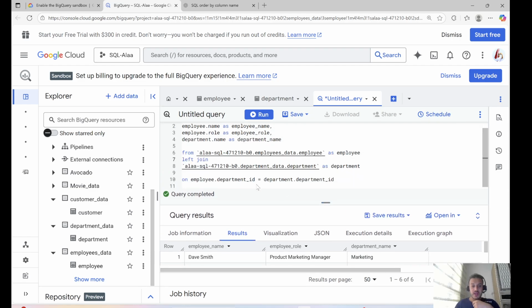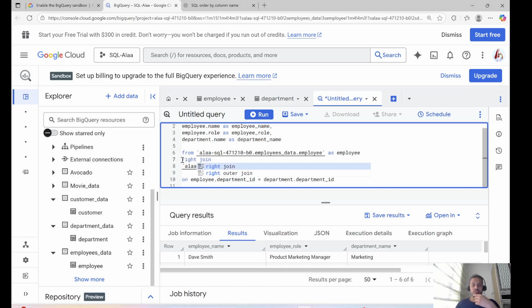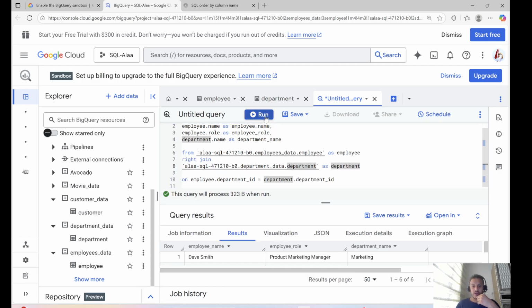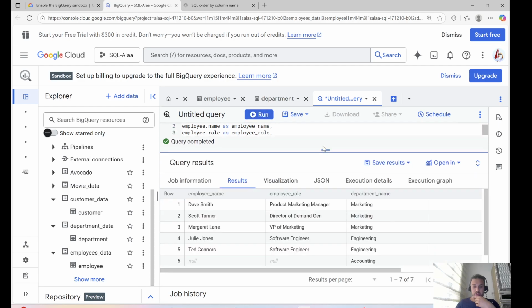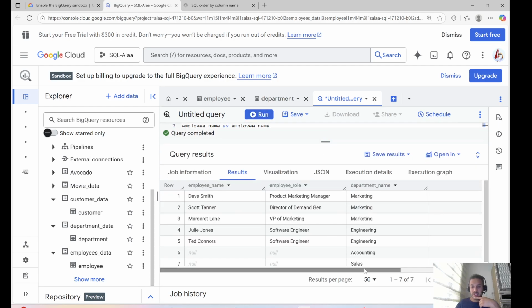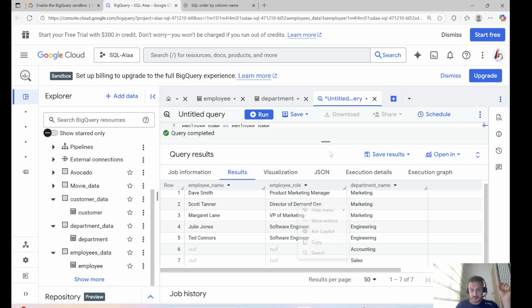If we check the right join and run it, you will see it gives us all the information from the right table, department, and only the matching part from the left, employee. That's why this data is null.